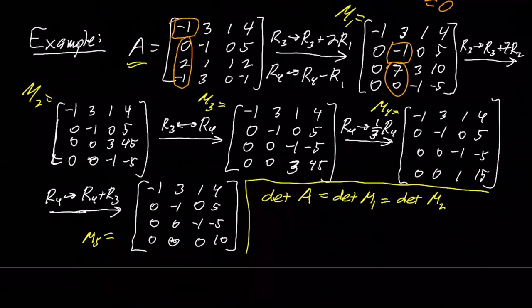The determinant of M3 is negative the determinant of M2 because we swapped rows going from M2 to M3.